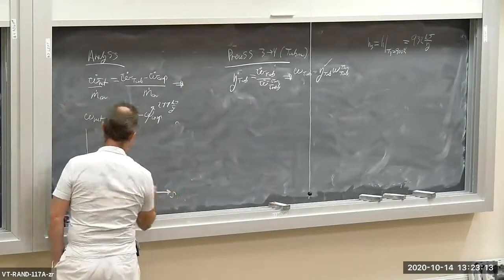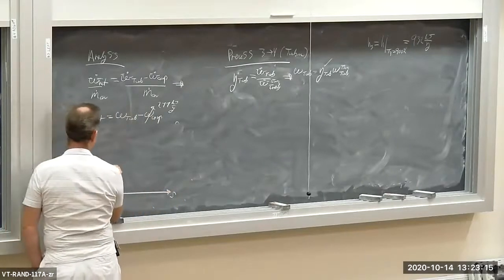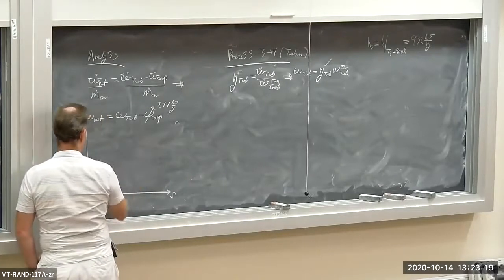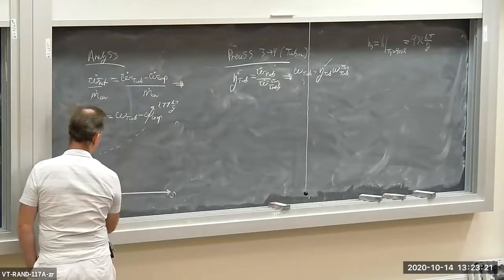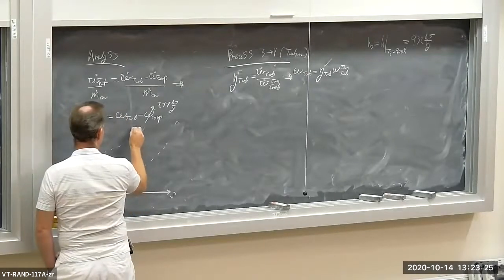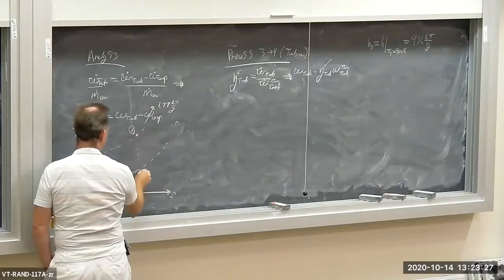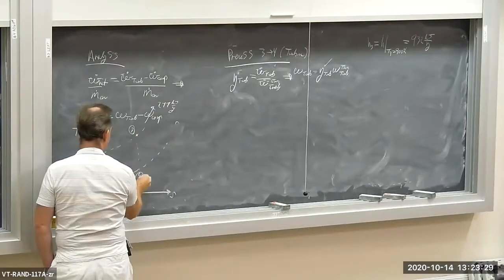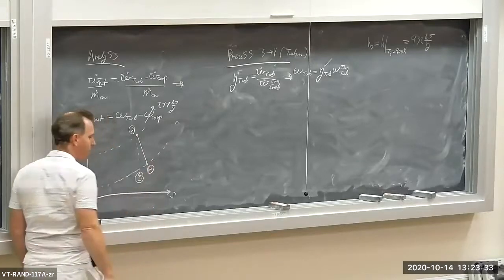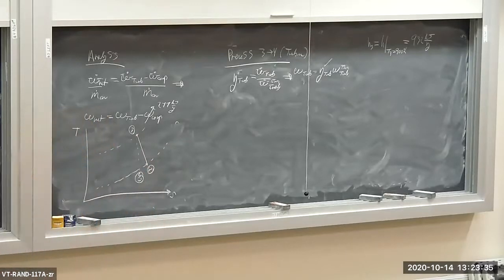So here's S, here's T, here are my P-min and P-max isobars. So here's state 3. The isentropic turbine goes down to 4 sub S. The real turbine, the actual turbine, increase in entropy goes to state 4, okay?